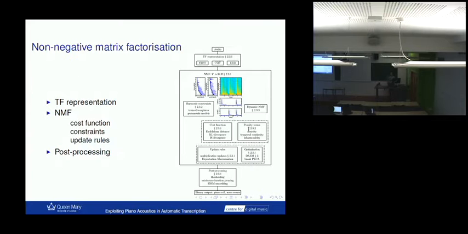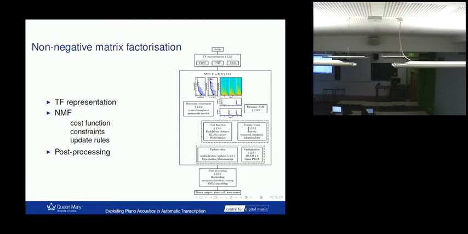We use the first one. It's simple and linear, and also because we need to deal with all the partials of the sounds. With the other two representations, the partials will be very close together. So we use the first one.